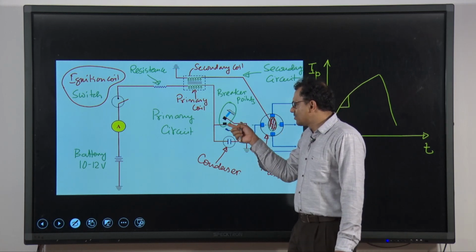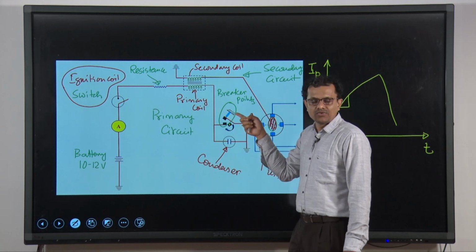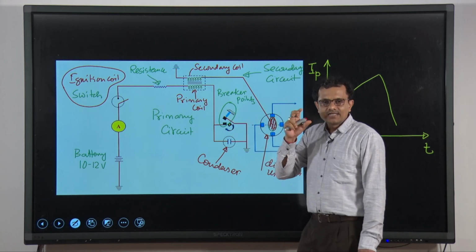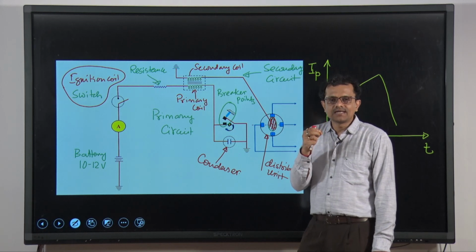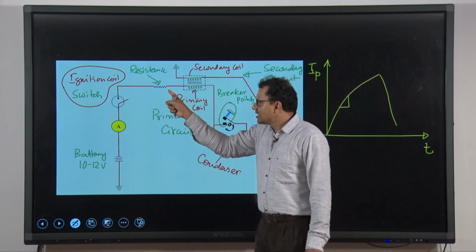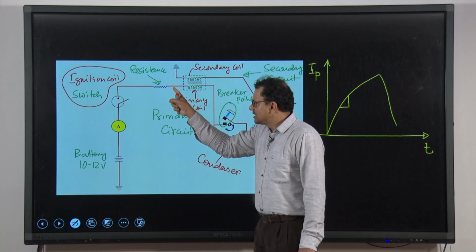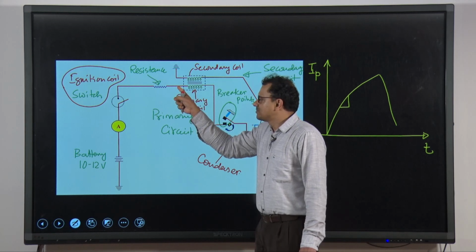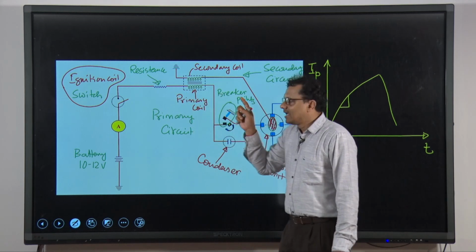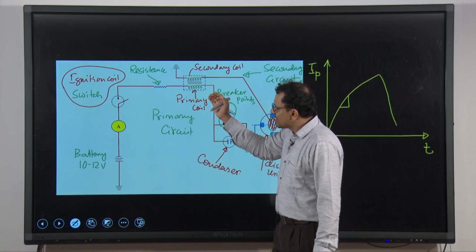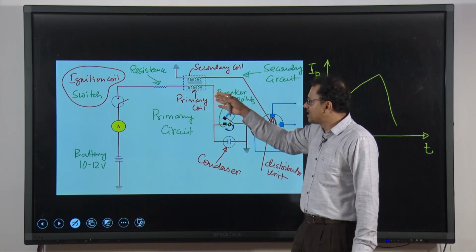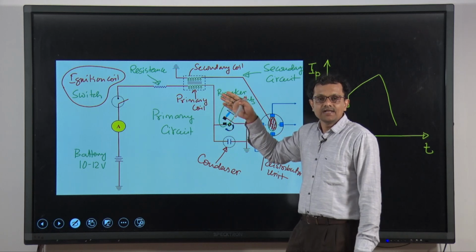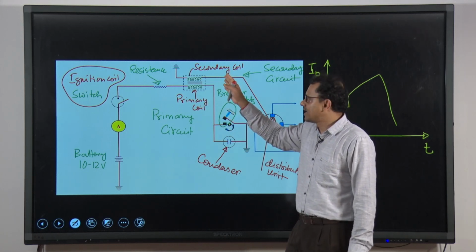When we open these breaker points, the magnetic field will collapse suddenly. Because of this collapse, another current will flow in the same direction as the primary or battery current, and that sudden collapse of the magnetic field will also create a huge voltage in the primary coil, and an even higher voltage in the secondary coil.